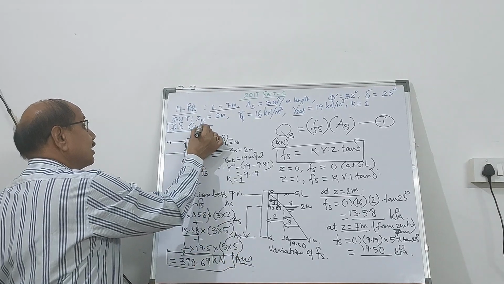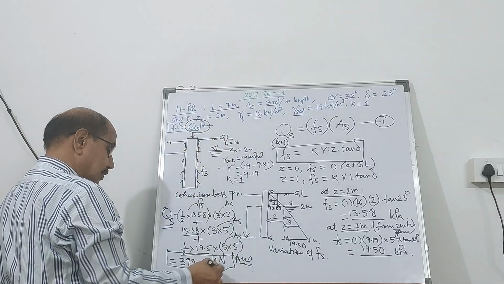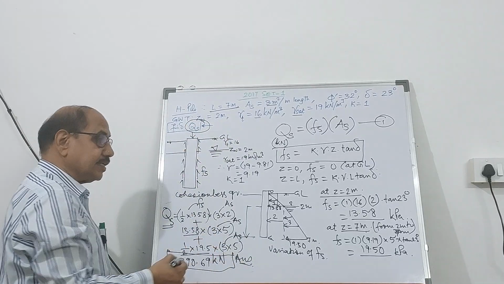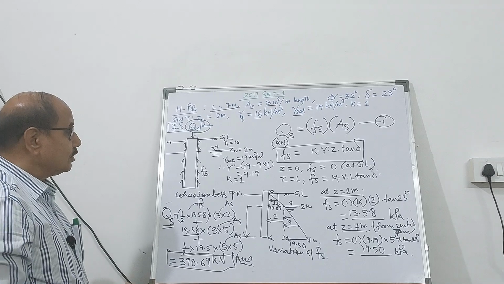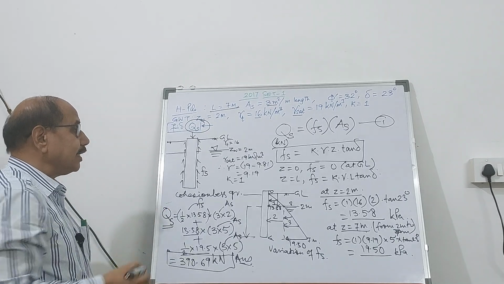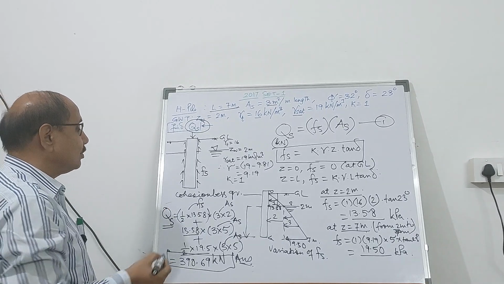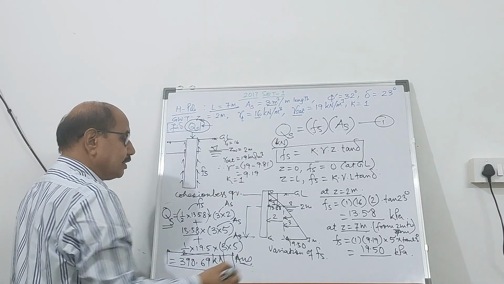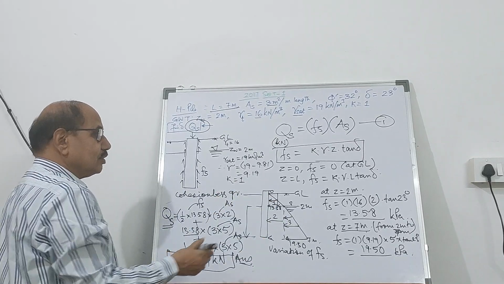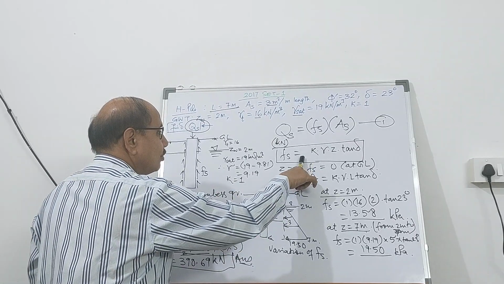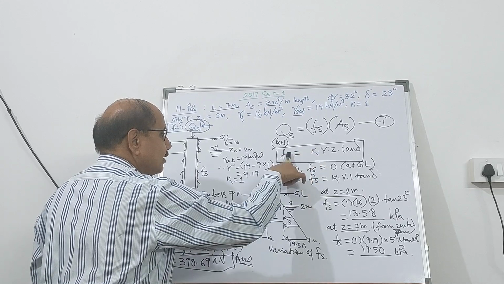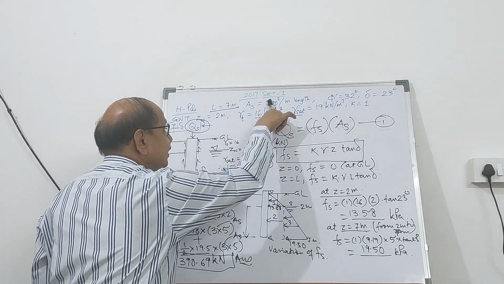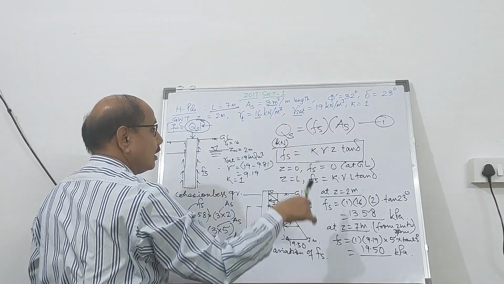So if you want to calculate the skin friction in an H pile, this is how you can easily calculate it. It is a very simple way. The formula we already know, and the shaft area is already given.